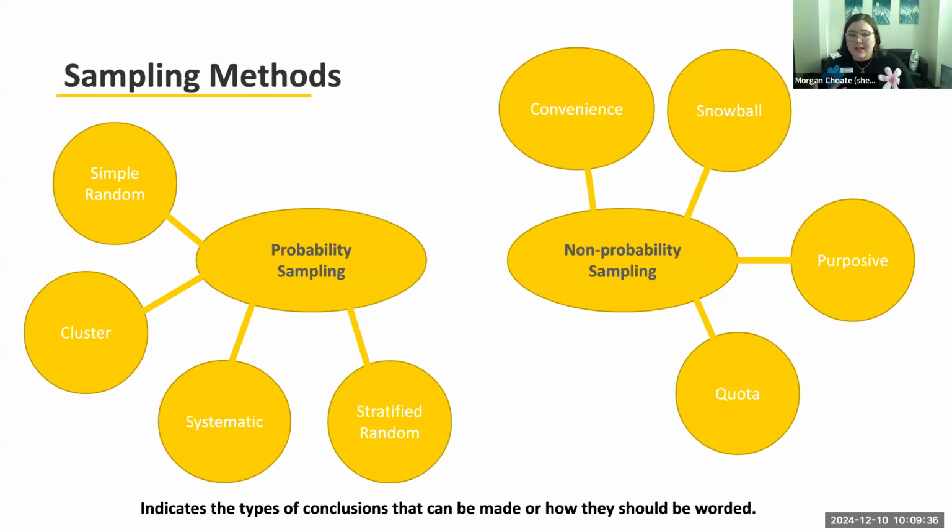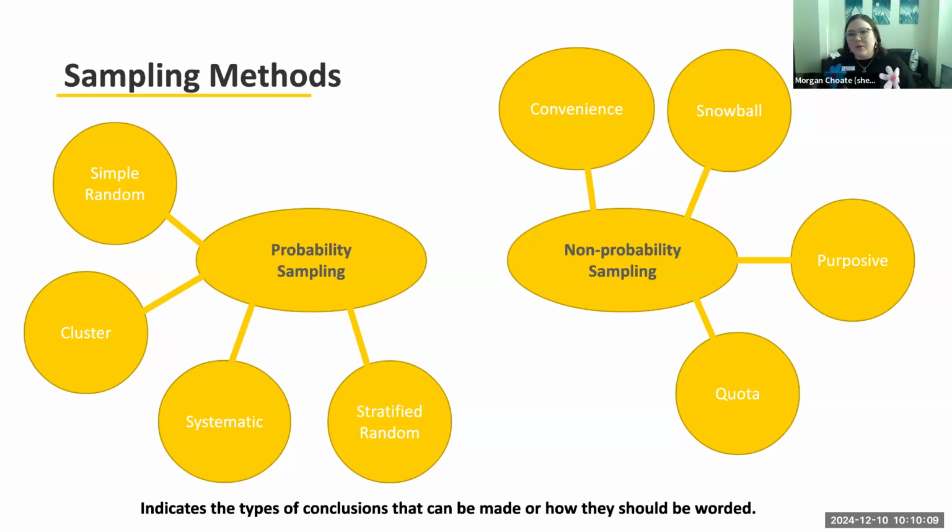And the main conclusion here is that whether it's probability or non-probability affects what types of conclusions you can make. If you have non-probability sampling, you can't really make huge sweeping conclusions about your population, because your sample is not representative of your population. You have a sample that's representative of a subgroup, but you can't say every medical librarian in the United States has this opinion because the medical librarians at my library said this.